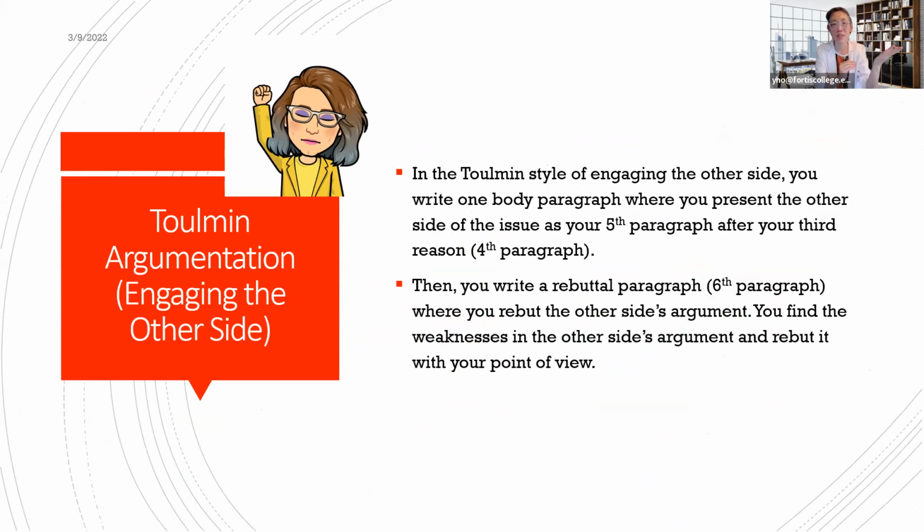So let's say I would say, people who are for abortion believe blah, blah, blah. So you would write a whole paragraph on what they believe. And then, let's say that your position is you're against abortion. Then you would write a rebuttal paragraph.